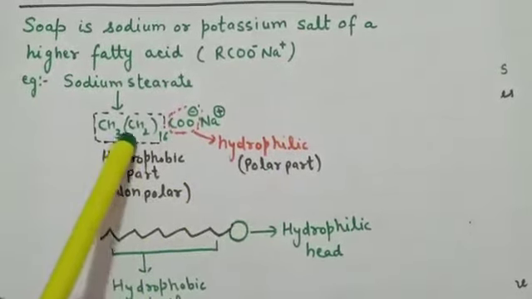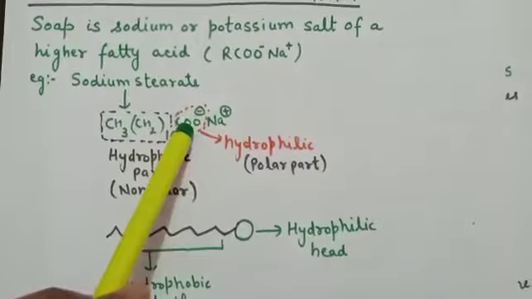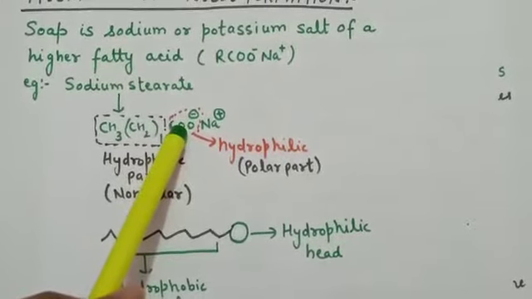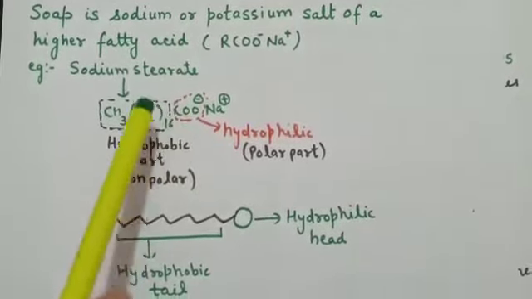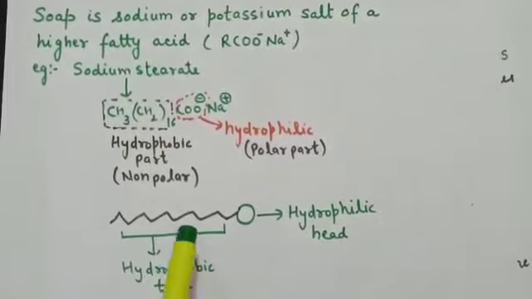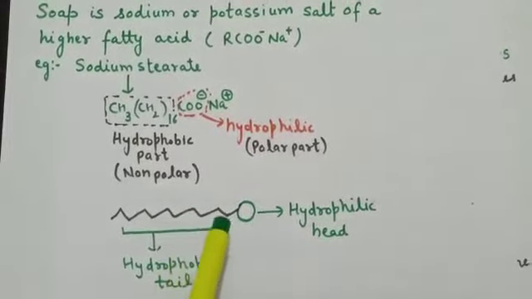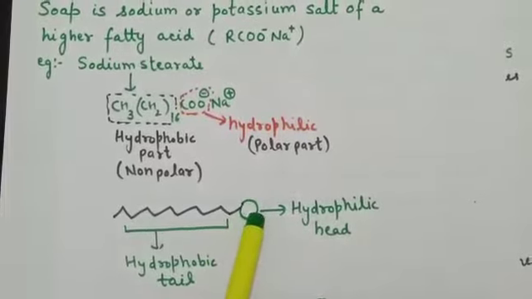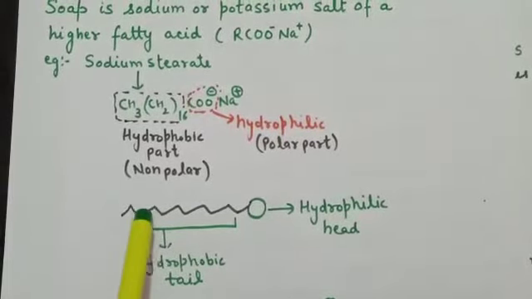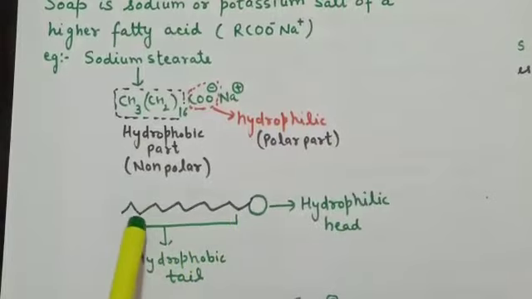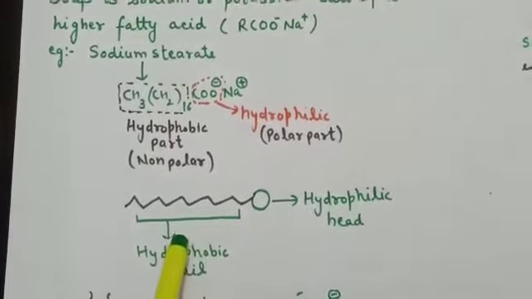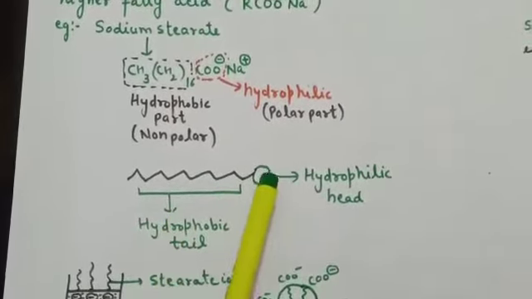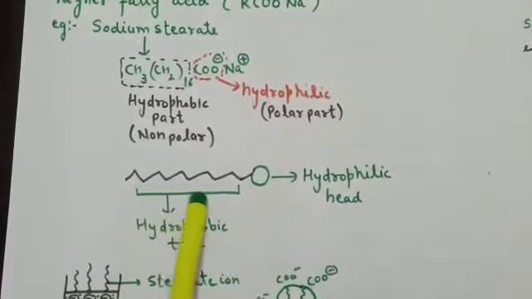This polar part will interact with the water when we dissolve soap in water. To represent it as head and tail, this circle represents the hydrophilic head which interacts with the water, whereas this tail represents the long chain hydrocarbon, that is, the hydrophobic part. So this is the head of the soap, this is the tail.